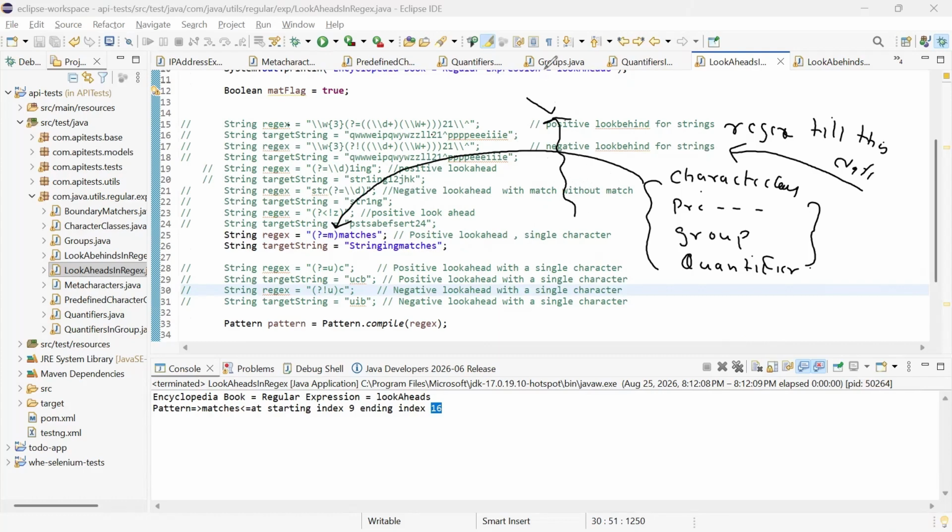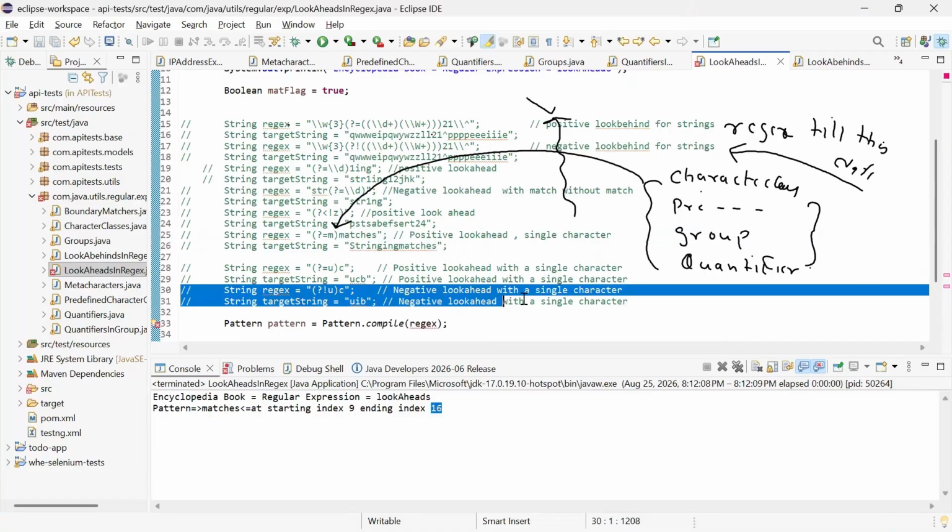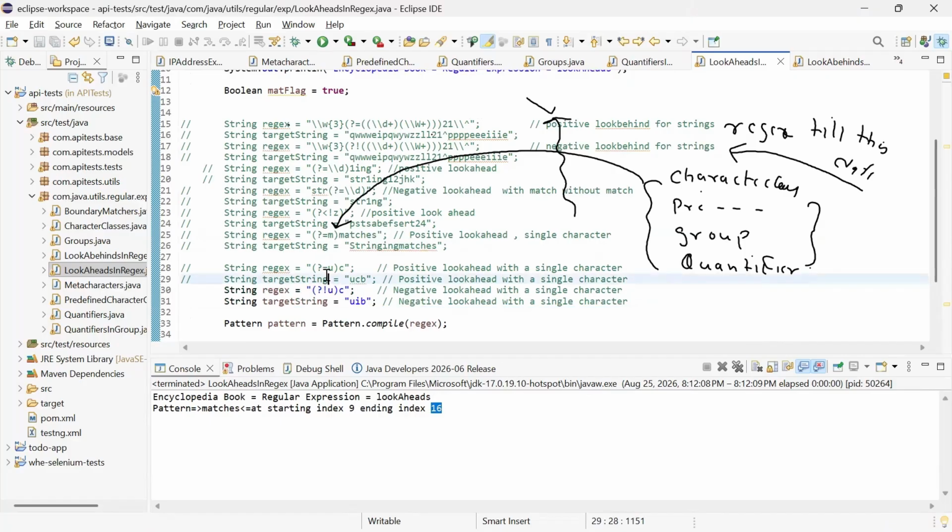Another thing is, we had discussed the positive lookahead in the context of a single character. Let me also show you the negative lookahead in the context of a single character. Similarly here, let's say it is starting with not equal to U and then C. The first letter here is U, so this condition fails.